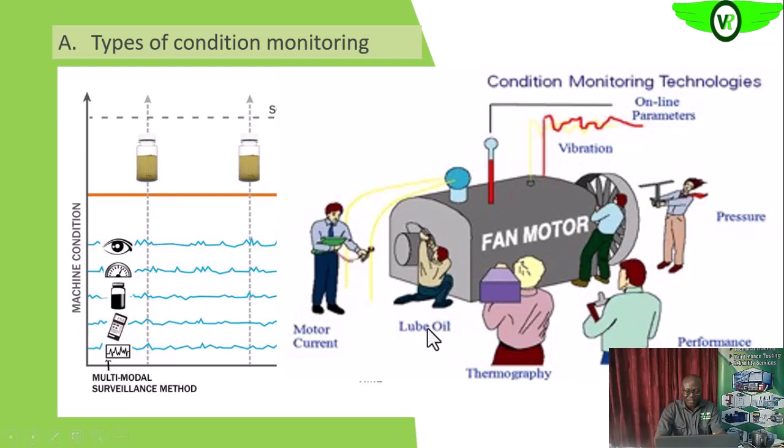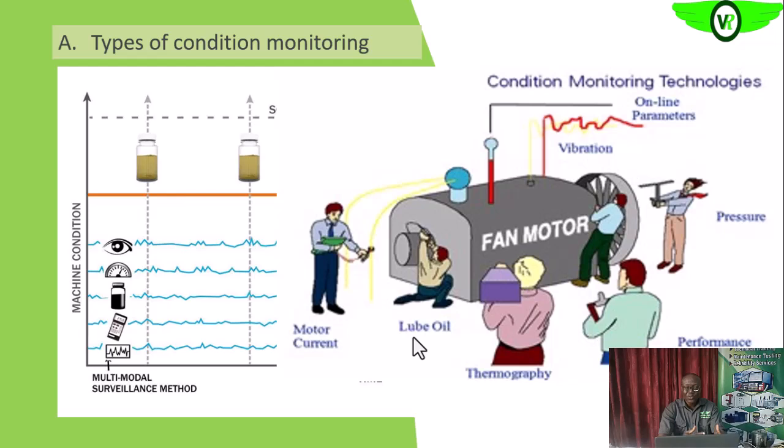Then we have the lube oil analysis. Wherever we have lube oil, remember its function is to lubricate all rotating parts, to reduce the friction between rotating parts. But even with the presence of that lubricating oil, wear still takes place.